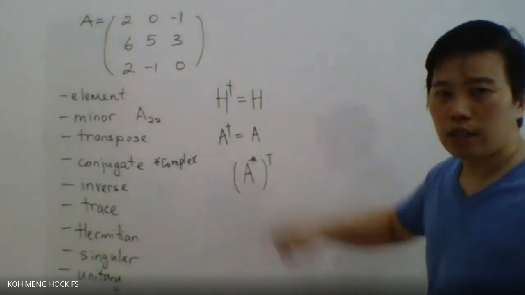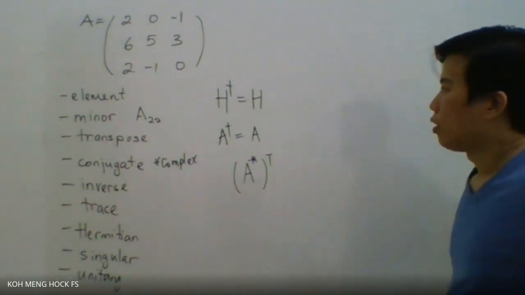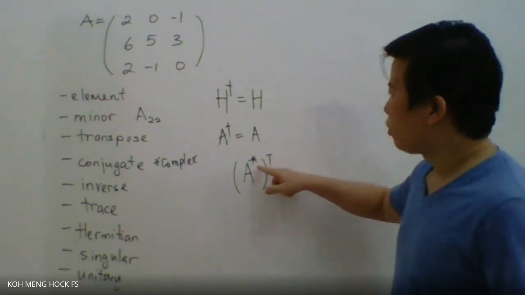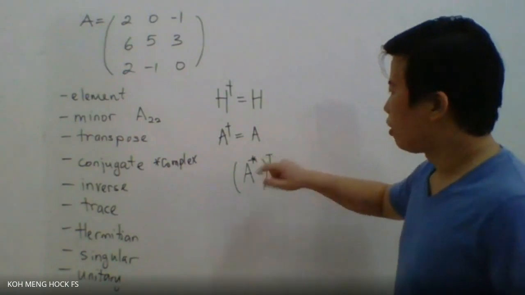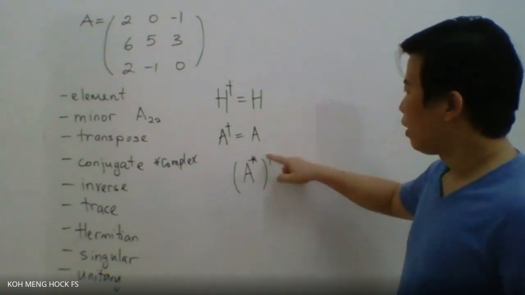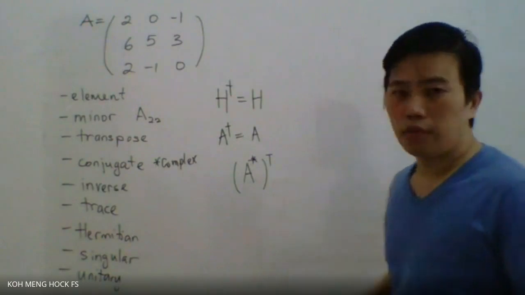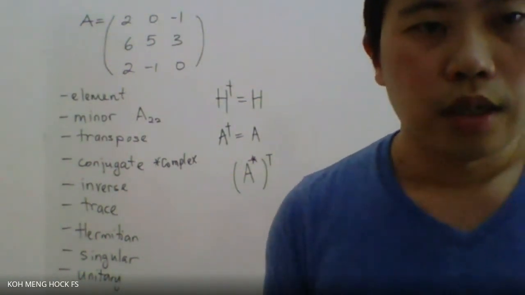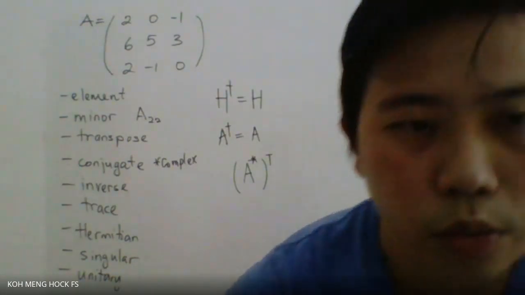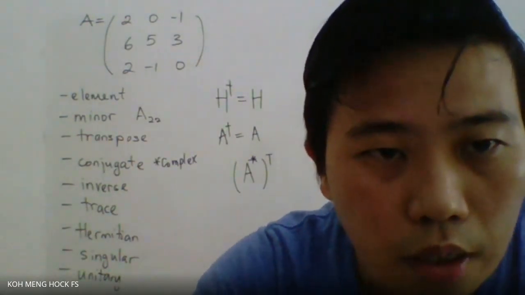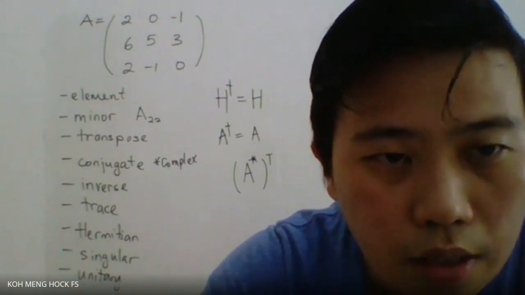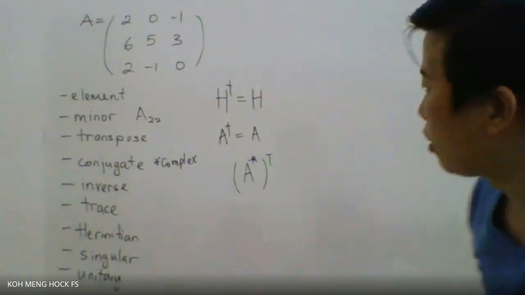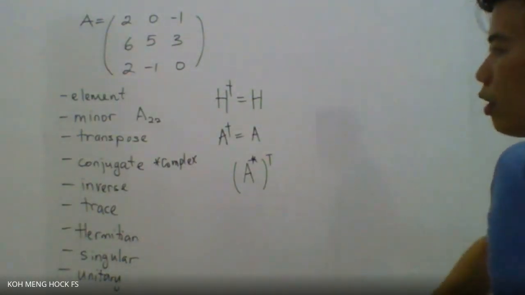Sometimes they call this the adjoint matrix. So you take the complex conjugate of the matrix and then transpose it, and this gives you the adjugate of the matrix, which I forgot to write in part E, where I asked you to find the adjugate. Sometimes they use adjoint or adjunct of the matrix.